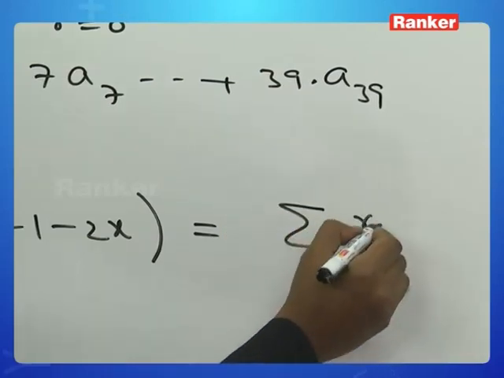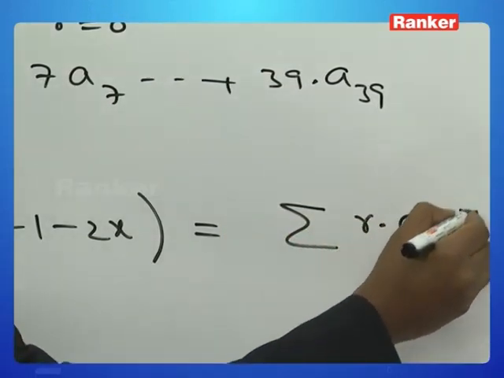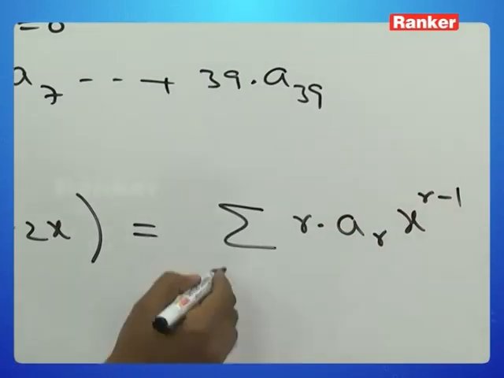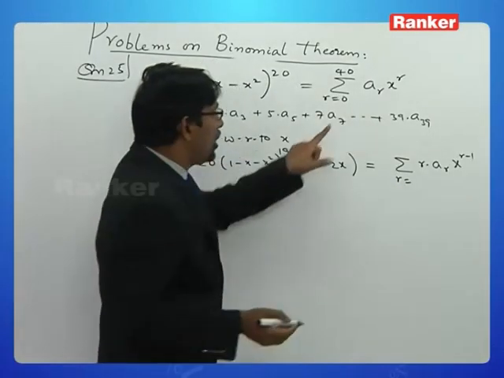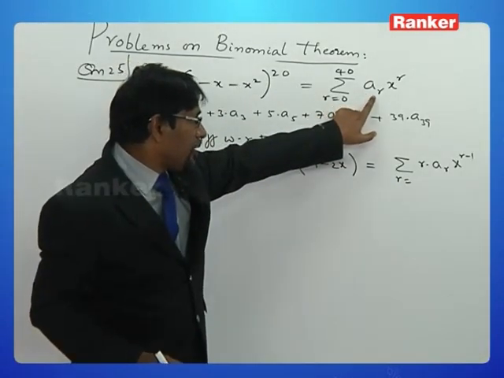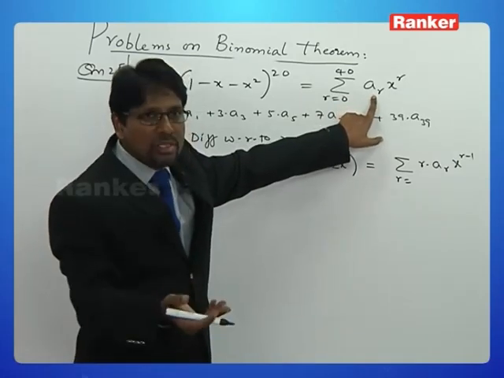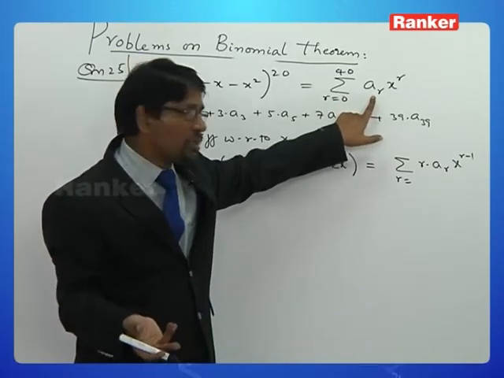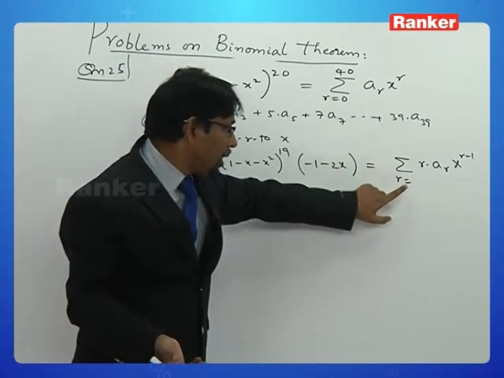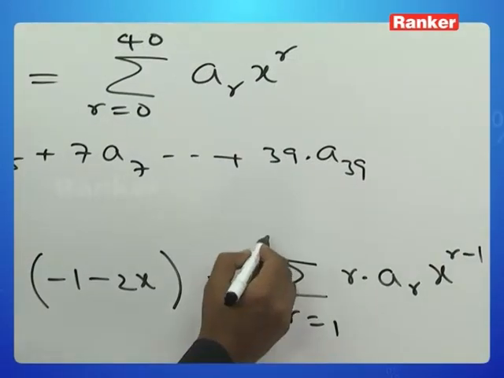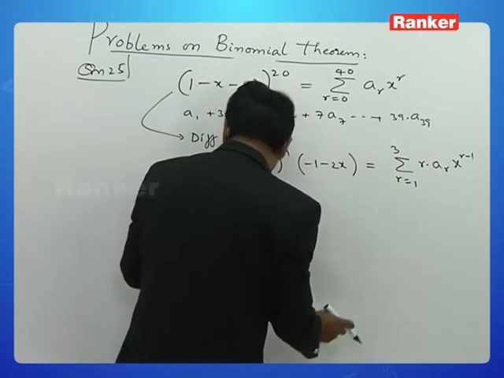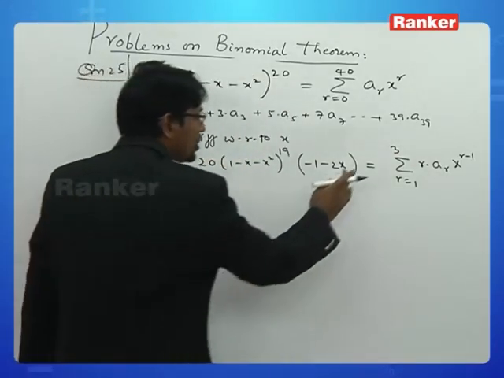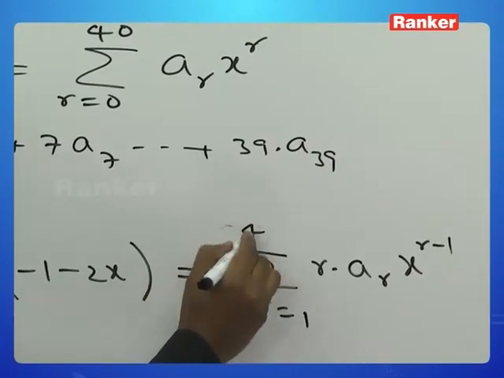Sigma r into ar into x power r minus 1. Now when we take r equal to 0, that is a constant term. What is the derivative of the constant term? 0. Therefore it starts from 1 and goes up to 40, so it will be 1 to 40 there.